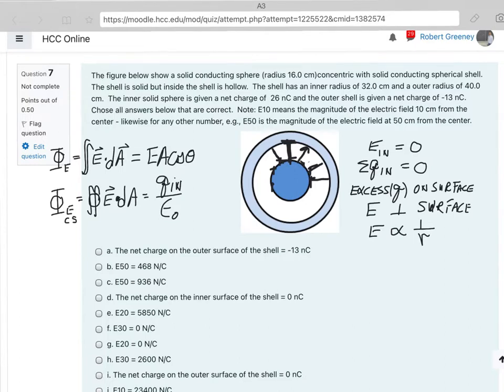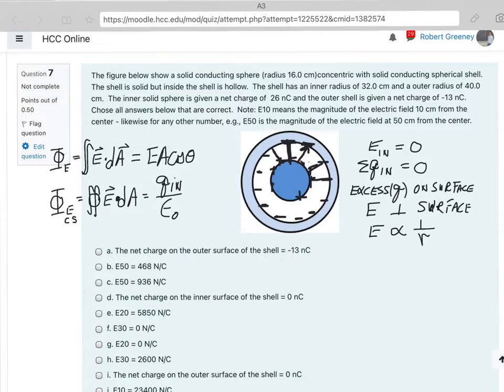So what that means is that if there's 26 positive charges here, no matter what's on this shell, there have to be, no questions asked, 26 negative charges on the inner surface here that terminate the field lines, because there can't be any field lines inside. Okay, where did those 26 negative charges come from?